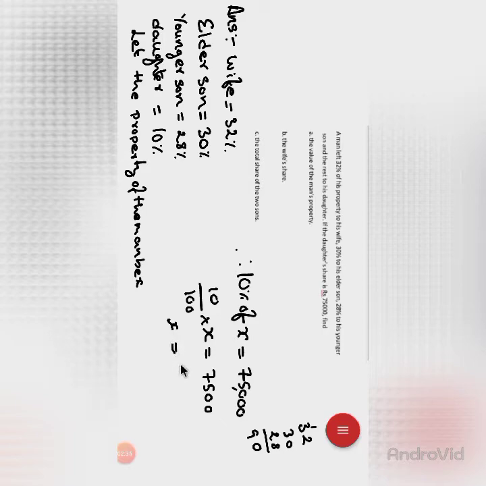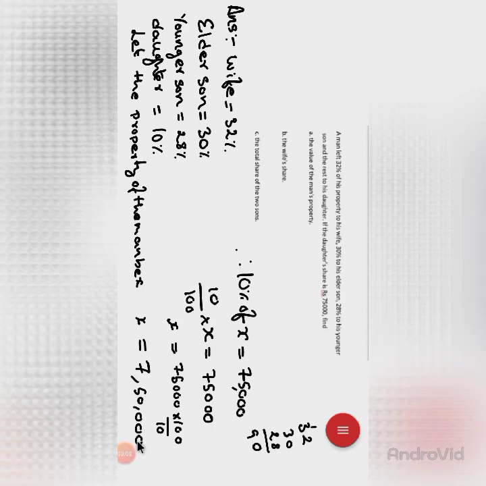X will be equal to 75,000 into 100 by 10. When we take this 10 by 100 from the left hand side to the right hand side, it becomes 100 by 10. Now when we solve this, we get 7,50,000.